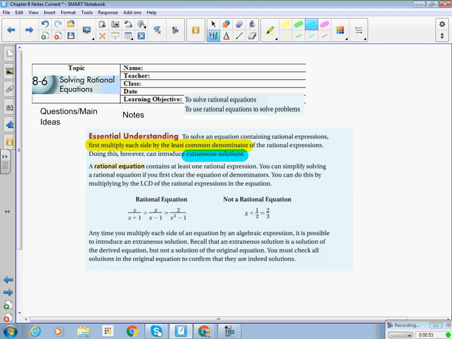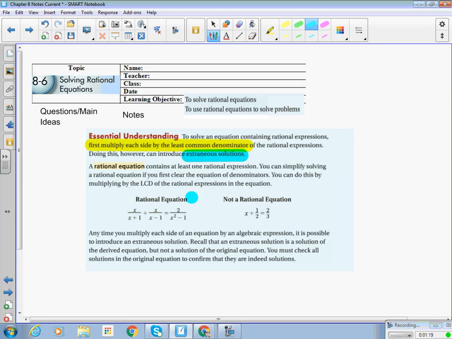A rational equation contains at least one rational expression. You can simplify solving a rational equation if you first clear the equation of denominators, which is why we multiply both sides by the least common denominator. You can do this by multiplying by the LCD of the rational expressions in the equation. Here's a couple examples.